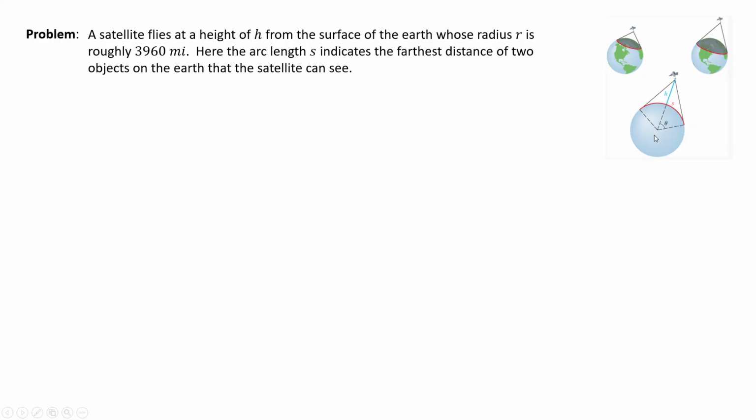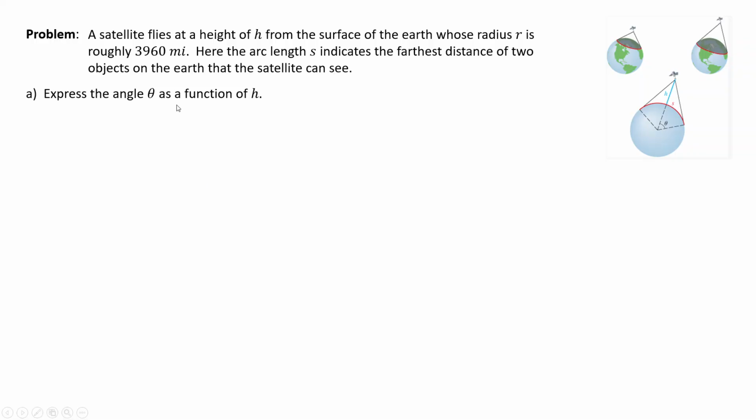Please pay attention to this. Did I mention that this line is tangential to the circle? Yes. So what's the implication of that? This must therefore be a right angle. Similarly, this must be a right angle. That is very useful information for us to be able to answer some of the questions here.